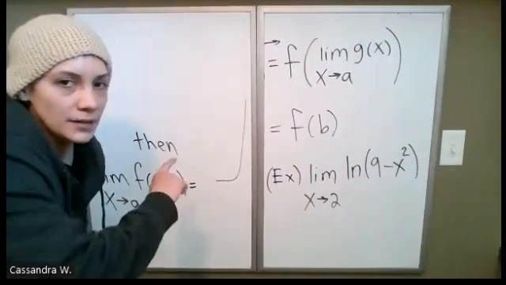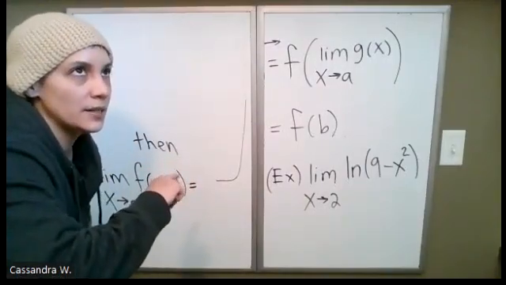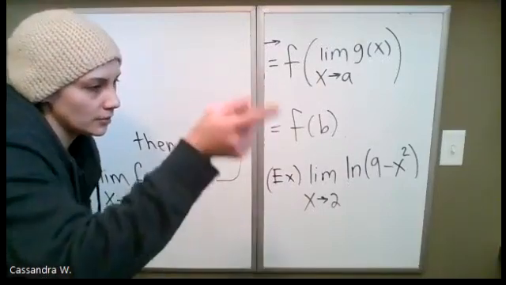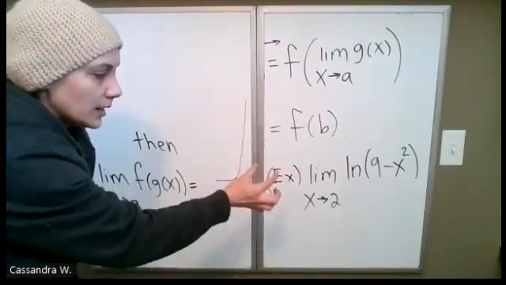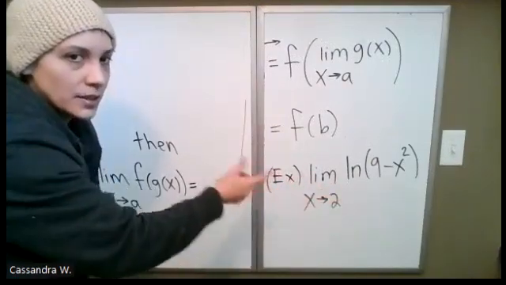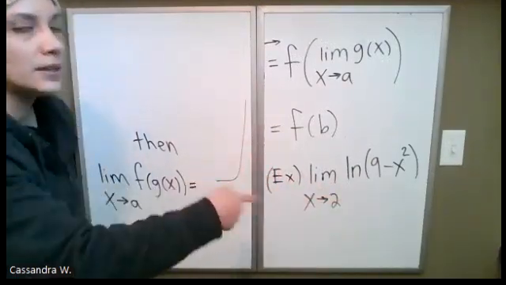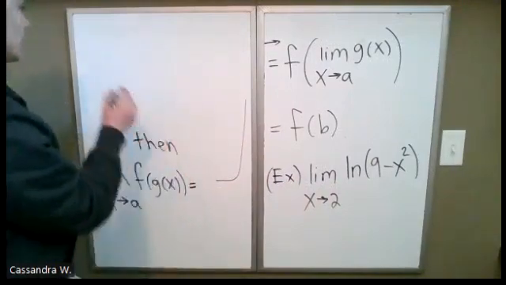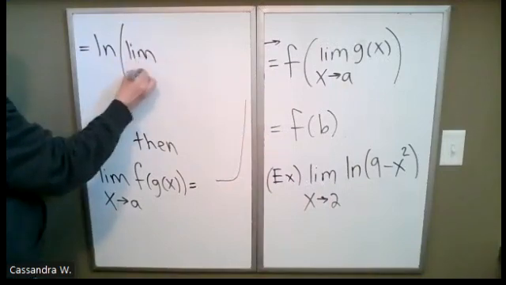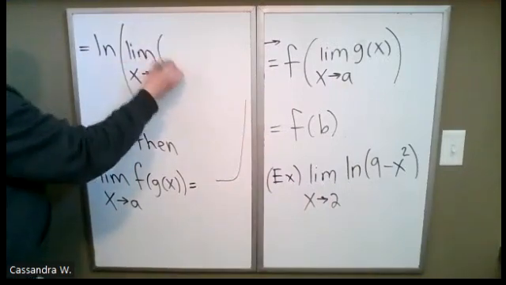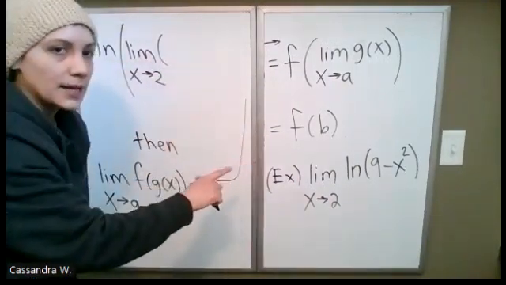Okay, ln of x is continuous for x values that are greater than 0, just kind of curves over to the right. So we're having x go to 2, and I can bring that limit inside of the function and have ln of the limit as x goes to 2 of 9 minus x squared.